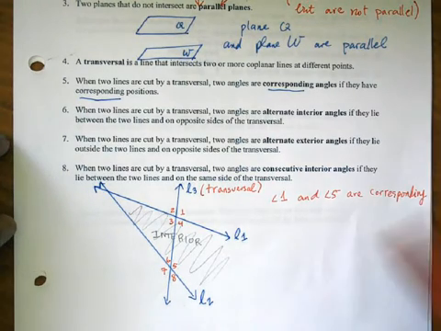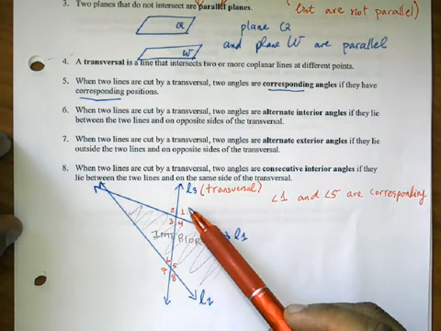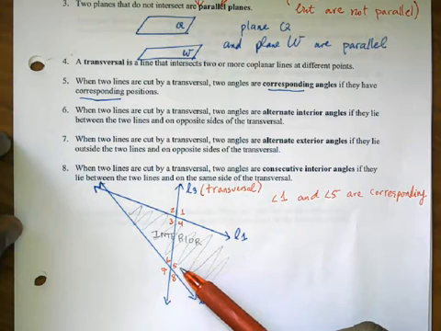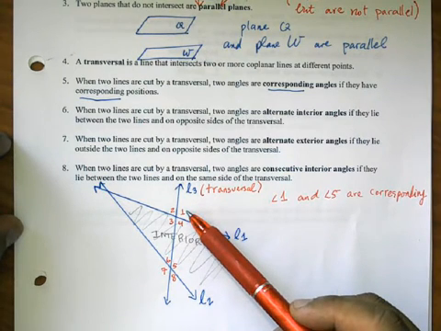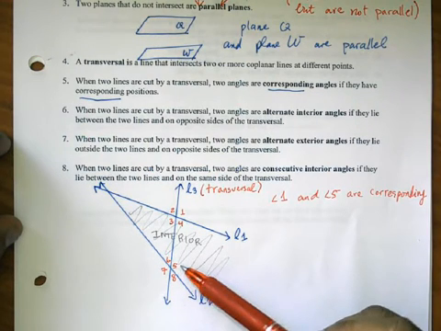The reason this is true is because they are on the same side of the transversal. They're both on the right side of this transversal. 1's over here, 5's over here.